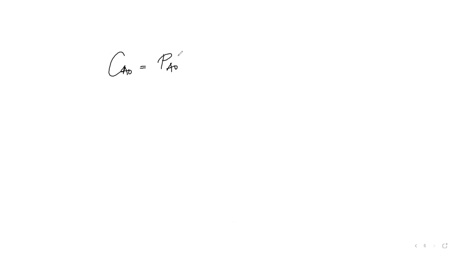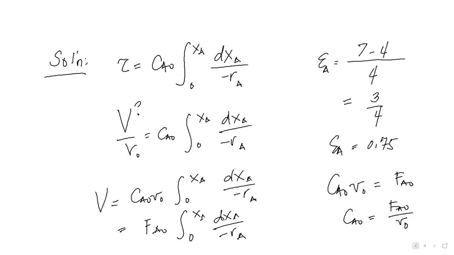So what do we do? CaO is PaO over RT, right?